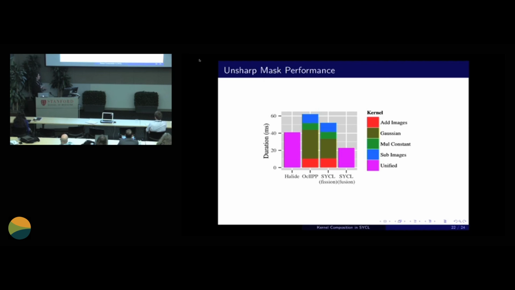But then if we look at Halide and SYCL where we've fused the complete expression, where we haven't manually broken things into their component parts, then we find that Halide does perform faster than OpenCL IPP. We have eliminated intermediate memory accesses, but the SYCL version performs even faster. Some of that is down to our Gaussian. Some of it, I would speculate, is down to compiler optimizations. It's somewhat difficult to get to the bottom of exactly why it's that much faster than the Halide version.